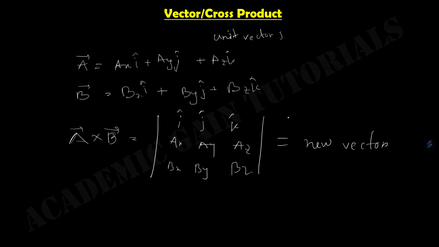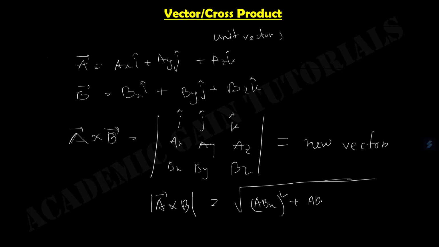Now, what will be the magnitude of the vector A cross B? The magnitude of A cross B will be modulus of A cross B, and the value will be the square root of ABX square plus ABY square plus ABZ square.